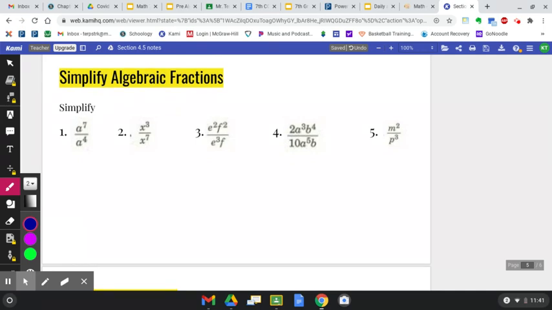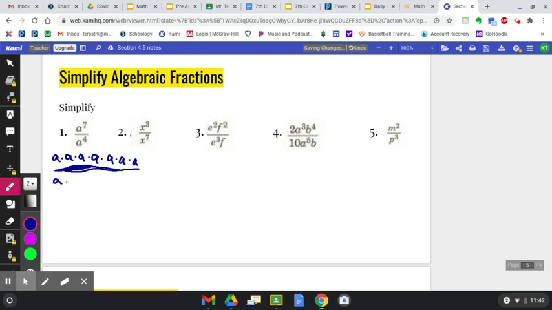All right, simplifying algebraic expressions, right? So we know how to simplify the number part of it. For the variable part, right, we can expand. So here, a to the 7th, 1, 2, 3, 4, 5, 6, 7.